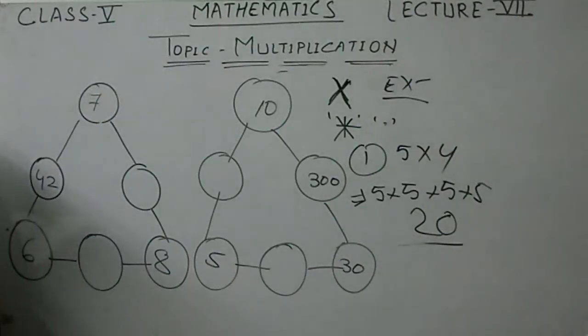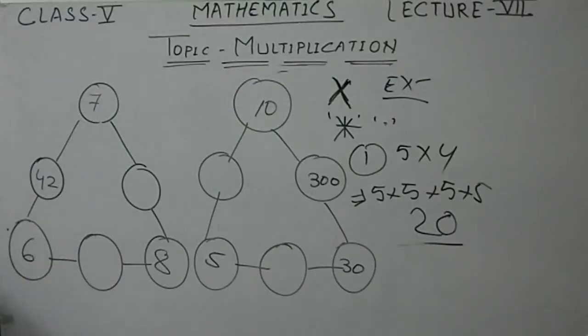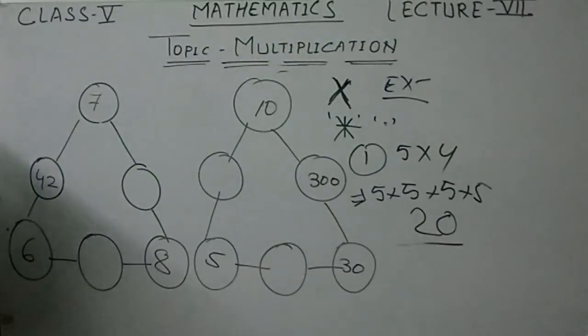Okay. Now 0 and 1 are two special cases. When you multiply 0 with any number, the product will be 0.